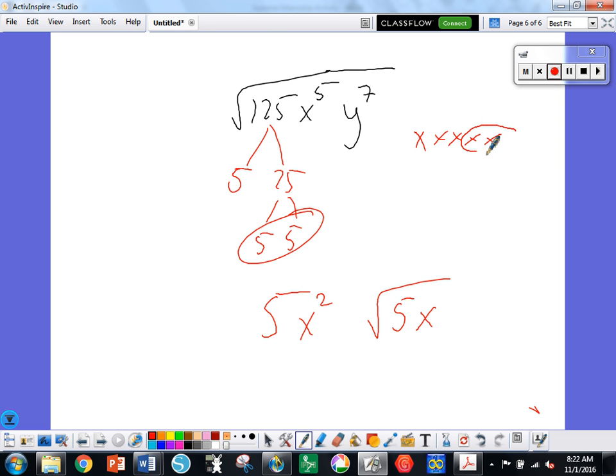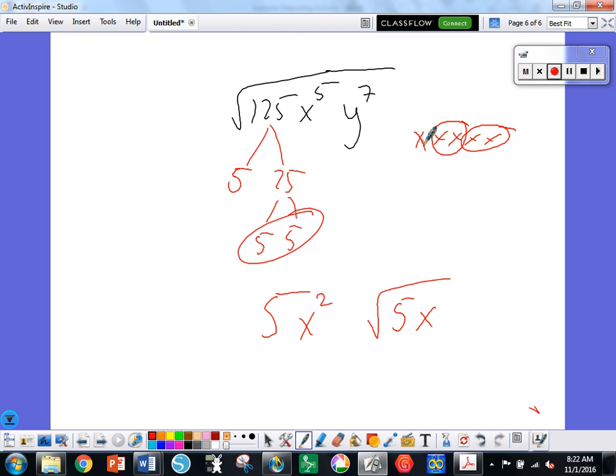So notice there's a group of 2, there's a group of 2, hence why x times x is x squared on the outside, right? 1 left over. But if we had x to the 100th, would you guys like to write out 100 x's and start grouping them? No, so let's look into easier ways, which basically is division, right? How many times can 2 go into 5? Twice with 1 left over. Does that make sense?